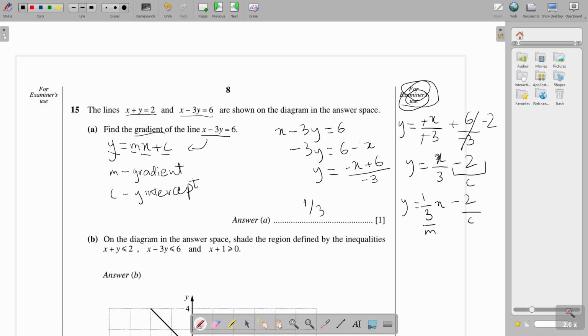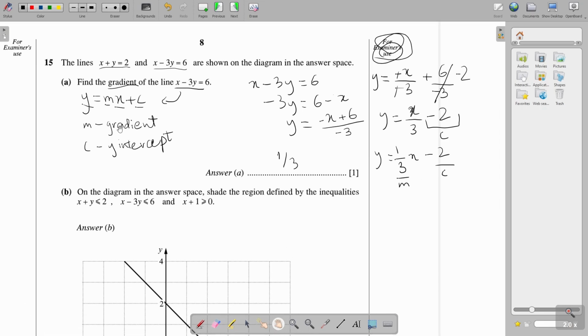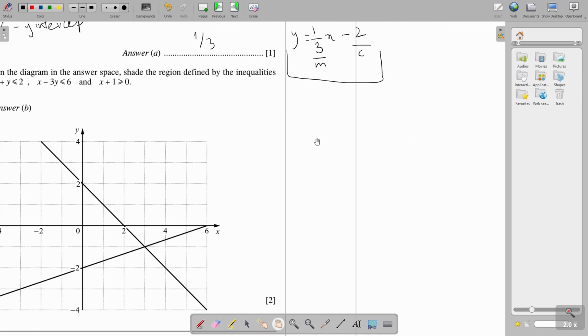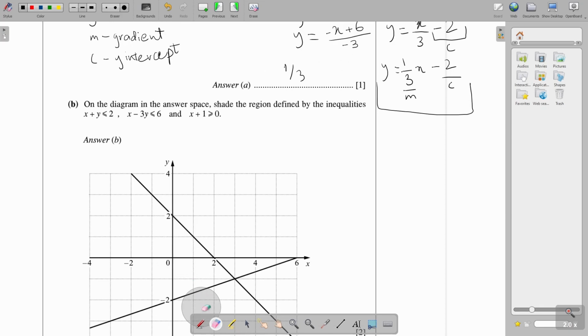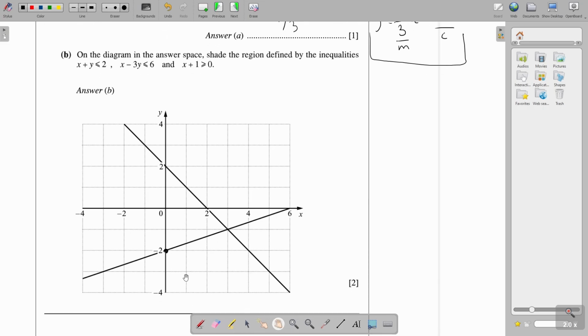Now what we could have also done, if you don't know that m is the gradient, even though you've gotten it in this form, you could come down here and see this line, which, wait, no, that's not the correct line. It is this line, which cuts the y-intercept at -2. You take 2 points, and you can figure out the gradient that way: y2 minus y1 over x2 minus x1.